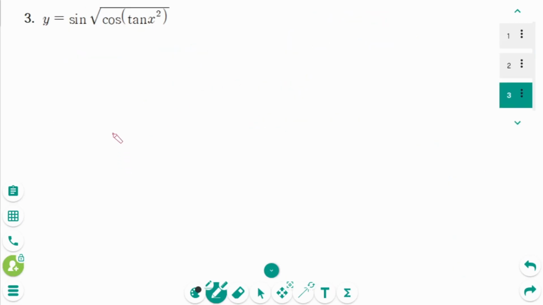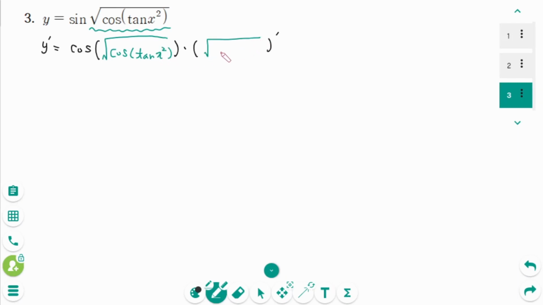Number 3: think of it as u equals the square root of cosine of tangent of x squared. Y prime equals sine u prime, which is cosine u times u prime. The inner function is the square root of cosine of tangent of x squared.